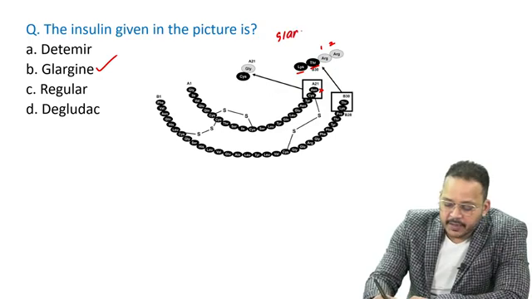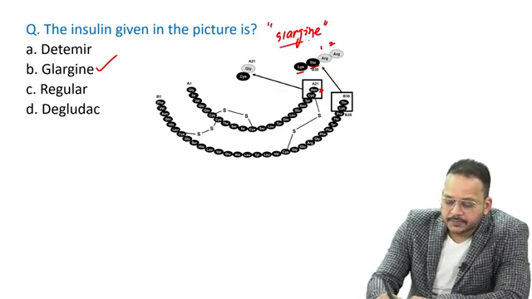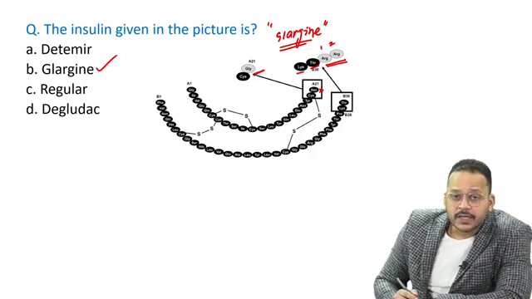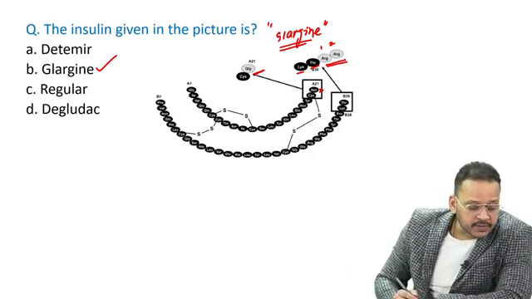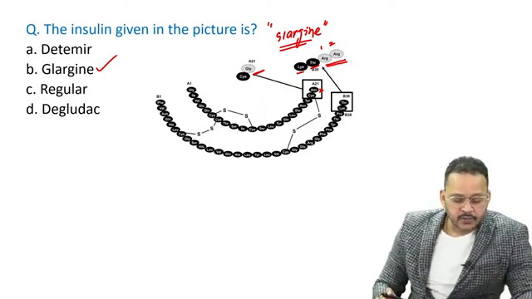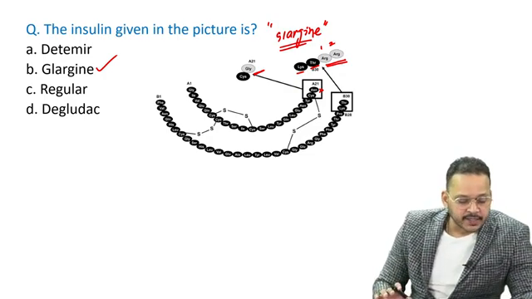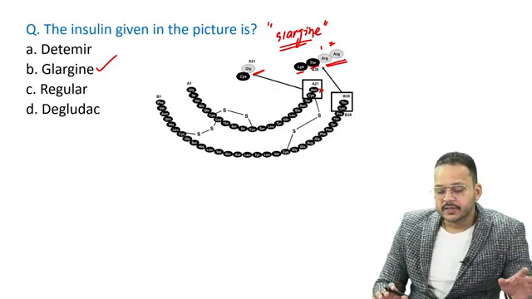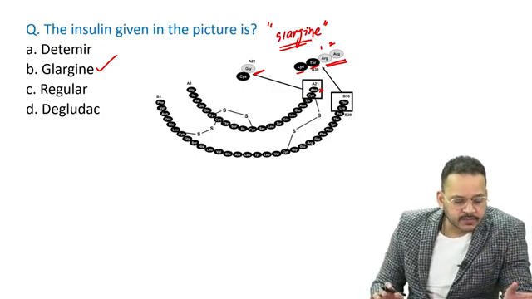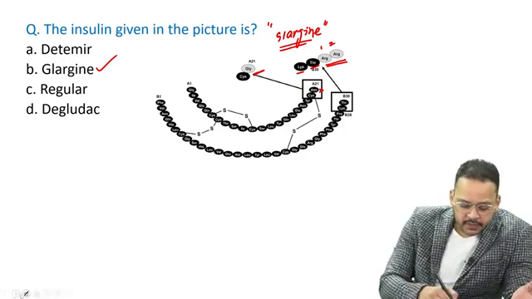So I'm combining glycine and arginine and it becomes glargine. So you look at arginine, you look at glycine, you get the answer. It is glargine. So, see, it's not a difficult MCQ. Just look at arginine. You'll get the answer if at all they ask you such an MCQ. So this is possible. They can ask you such an MCQ, and it is not a very difficult one, right?